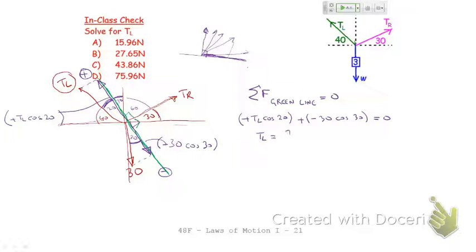TL is equal to 30 cosine 30 over cosine 20, which equals... you get your little calculator, you check your own degrees, and you're going to say cosine 30, enter, divided by cosine 20, enter, times 30 for the length, is equal to 27.65 newtons.